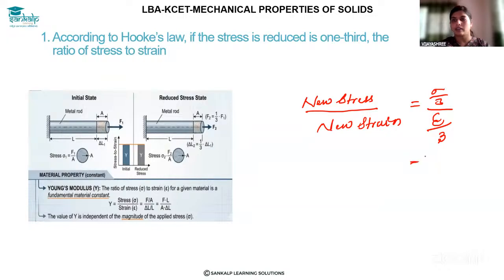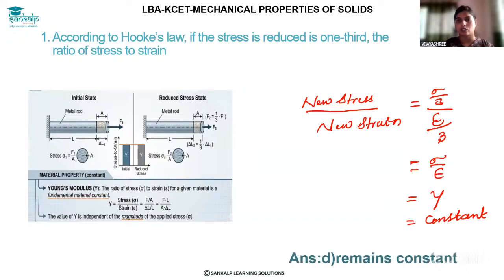This will be sigma by epsilon, which is Young's modulus, which is constant. Therefore, what is the conclusion? Even though both stress and strain become 1/3, the ratio remains the same. So option D, remains constant, is the correct answer here.